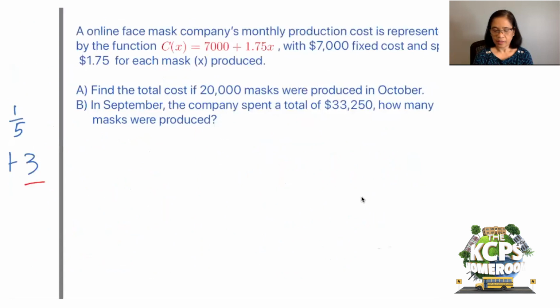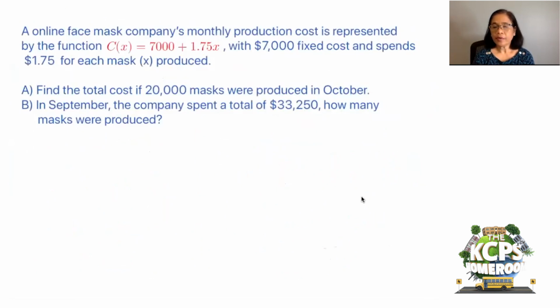Okay. In our next example, we're going to interpret statements that use function notation in terms of a context. An online face mask company's monthly production cost is represented by the function C of x equals 7,000 plus 1.75x, with $7,000 as the fixed cost.